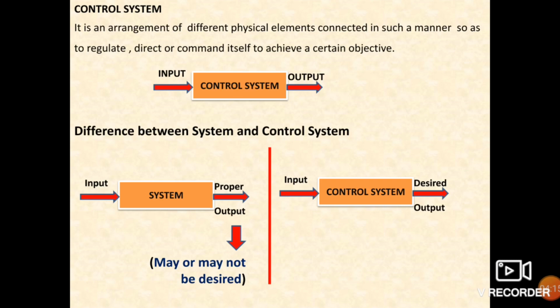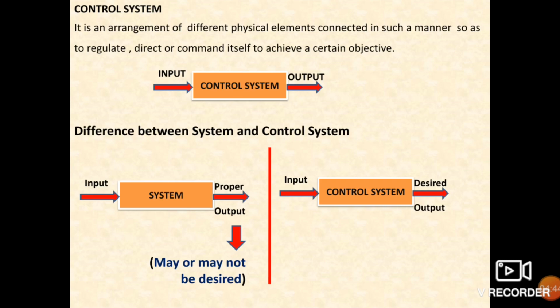Okay. So if you take a control system, there will be different physical elements like we see in the electric water heater. All those are connected in such a manner to regulate or direct or command itself to a certain objective. So in the electric water heater, what is the objective? To heat the water to a particular temperature. Okay. So for that, what are we going to do?